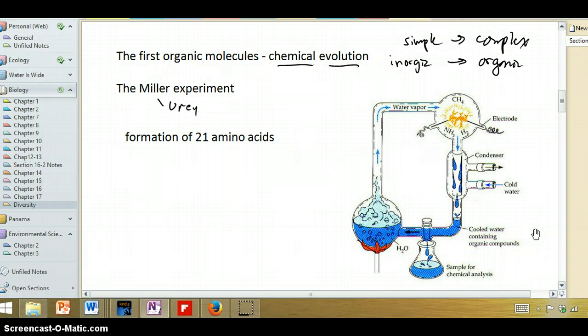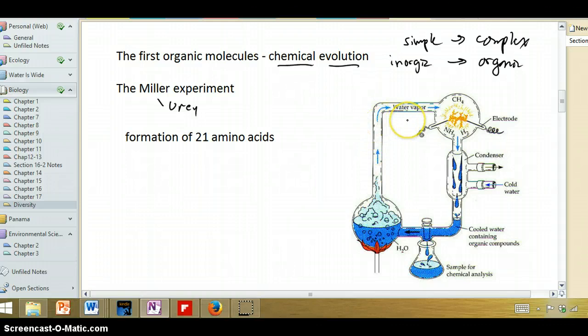They were trying to figure out, if we could simulate the conditions of the early Earth and the compounds that were there, could we get simple molecules to form more complex molecules? So what they did was, in a sterile environment, they heated up some water and generated some water vapor.